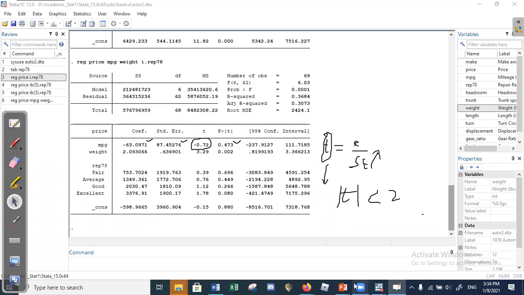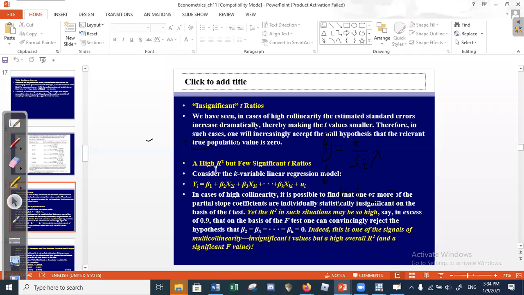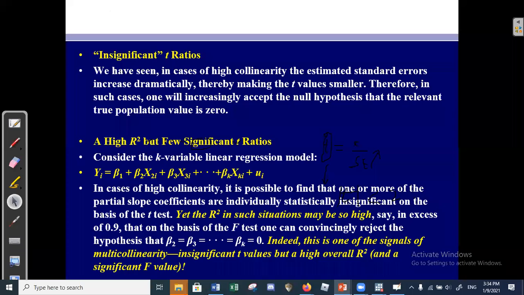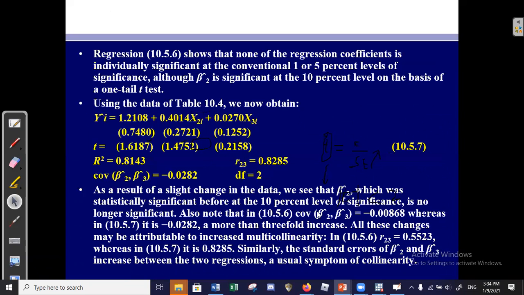Another consequence of multicollinearity is this one, that the R square may be very high, but very few T ratios may be significant. Before I show you in Stata, let me quickly go to a particular example here.